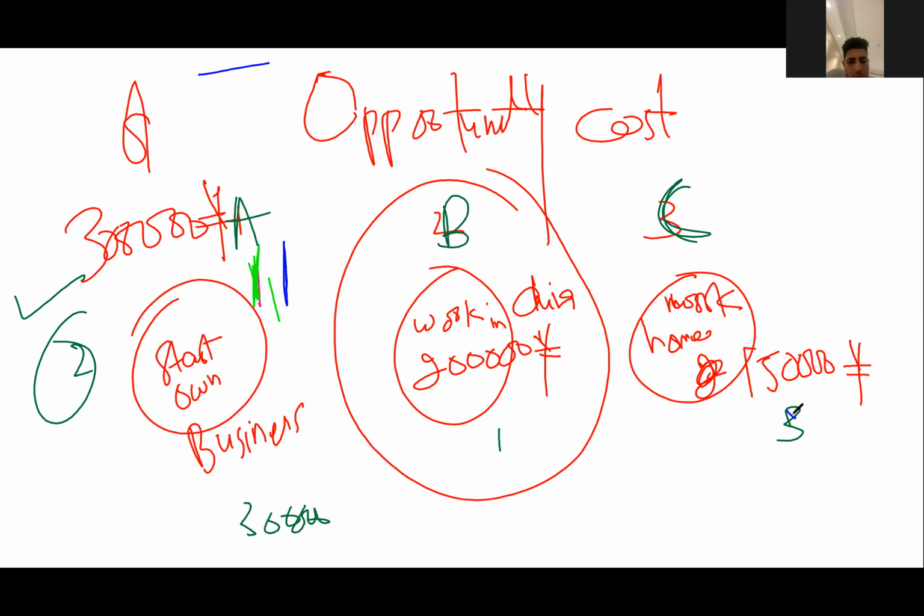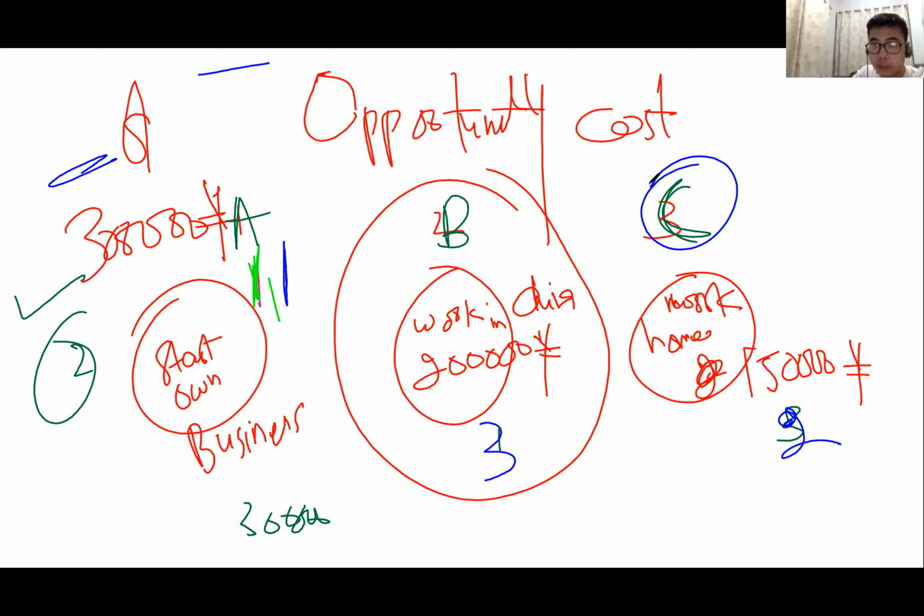Your next priority is C option. Third priority is B. So if you choose A, what is your next best lost opportunity? That is C, because you're working at home, in your home country. Okay. Yeah. So your opportunity cost would be 150,000.